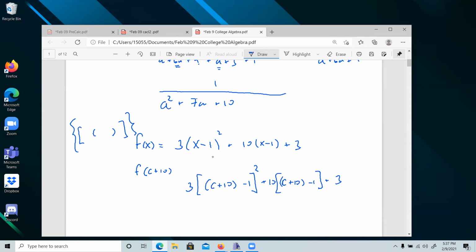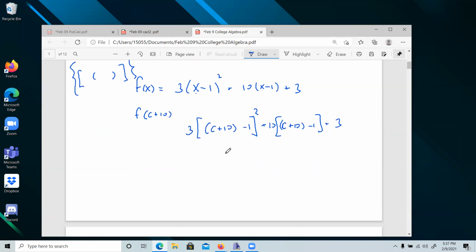But the reason I did that in this case was I wanted to maintain the structure and say, okay, I've got something minus 1 squared plus 10, that same something. And I almost always like to put my substitutions in parentheses just because it helps me remind myself, oh, I substituted there. Okay. So do you have to do that? No. But I find it easier to keep track of what I've done in the middle of a problem.